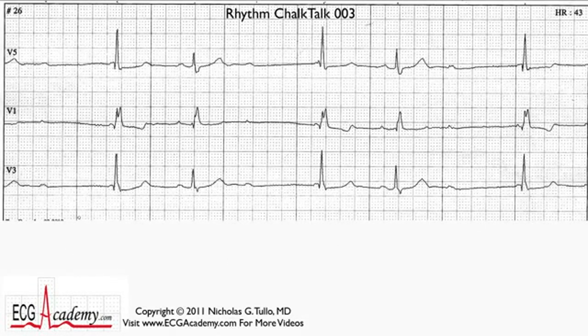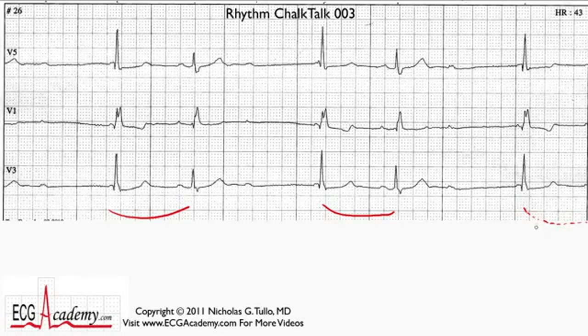Remember to look at the forest, and the first thing I see is that the QRSs are irregular. Look for a pattern, right? So it turns out that these are regularly irregular with a group of 2, and then a little pause, and then another group of 2. And there's another QRS out here, which you might think could be a group of 2, but you don't know for sure.